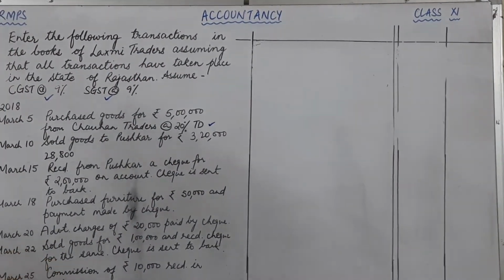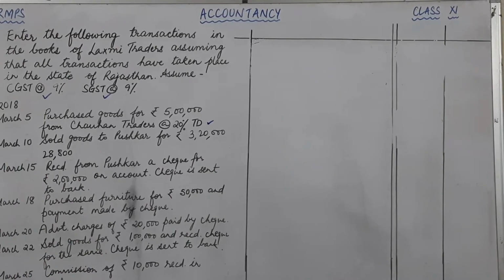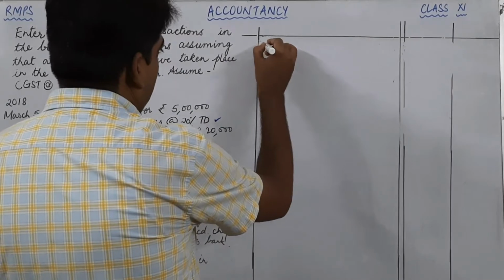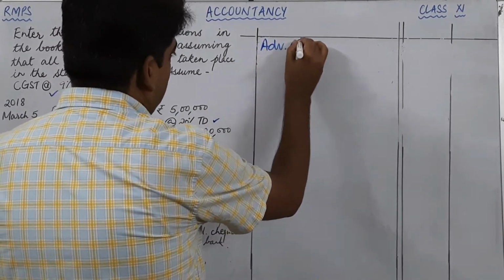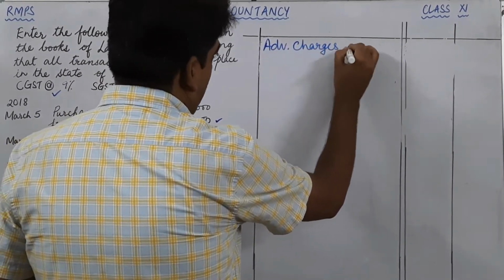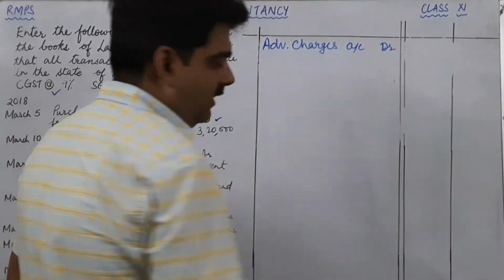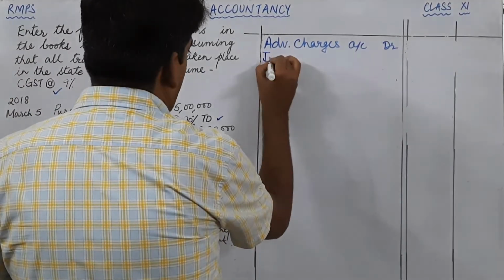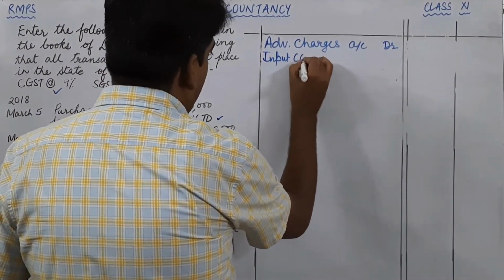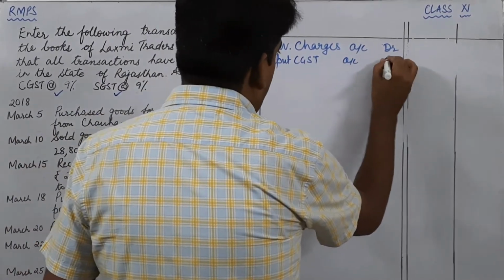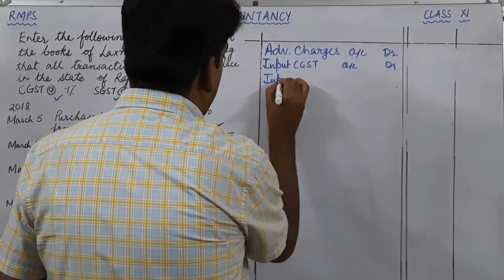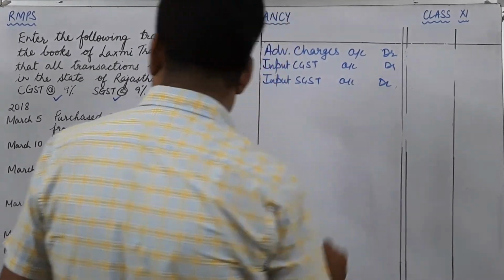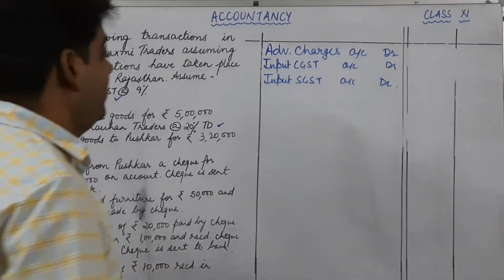Next one is advertisement charges of rupees 20,000 paid by check. See, this is our expense, and you know all expenses must be debited. So advertisement charges account will be debit, and again we have to pay input CGST as well as input SGST. So input CGST account will be debited and input SGST account will be debited, and this is our payment by check.